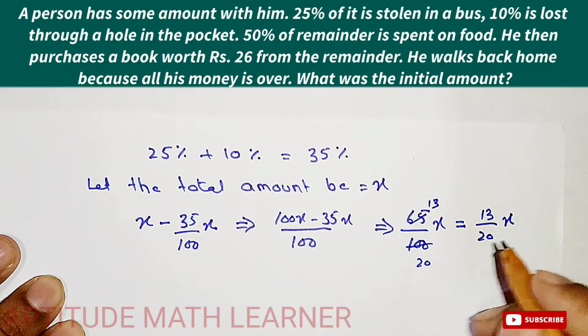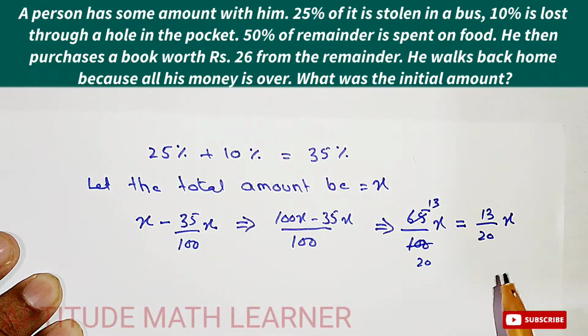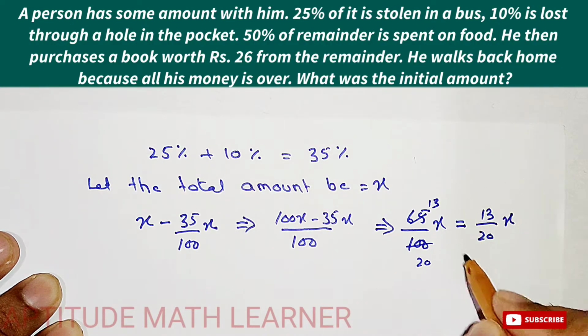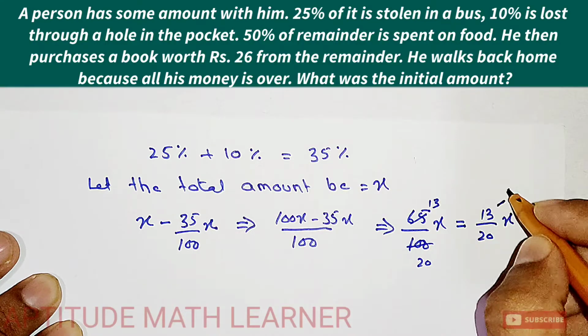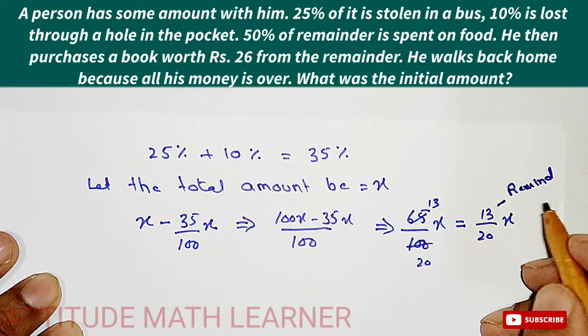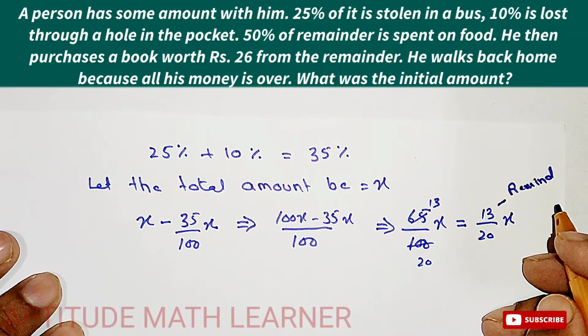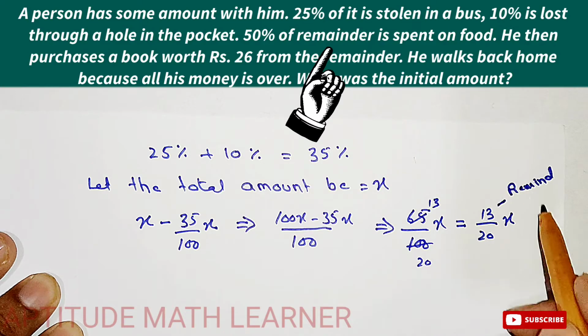Now this portion, 25 plus 10, has been stolen, and now he has the remaining amount. In the question it says that 50% of the remainder is spent on food.